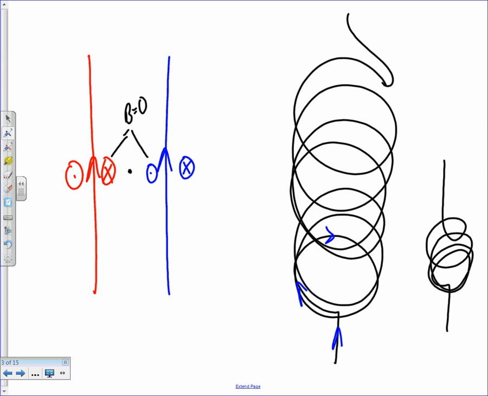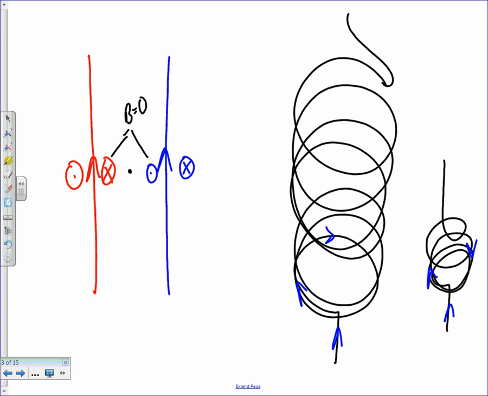The current is coming in here and flowing in that direction and flowing up through the coil. We're sort of looking at it like this.